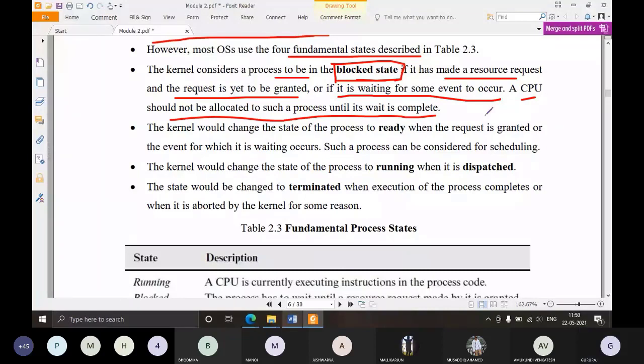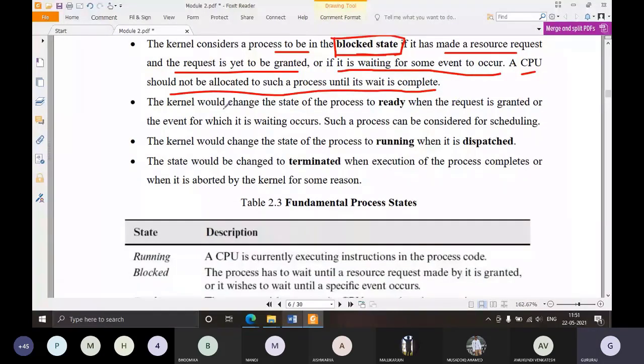The kernel would then change the state of the process to ready. The next state is ready state. A process enters the ready state when the request is granted or the event for which it is waiting occurs. Previously we saw that the process entered the blocked state because it made a request that was not yet granted, or it was waiting for an event to happen.